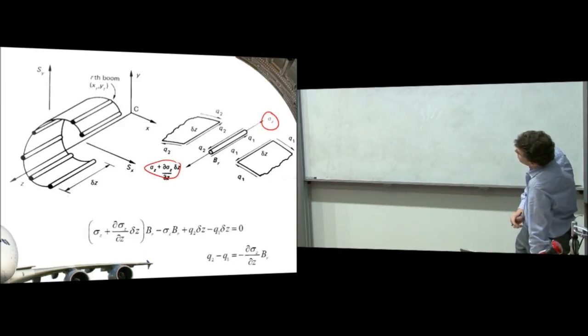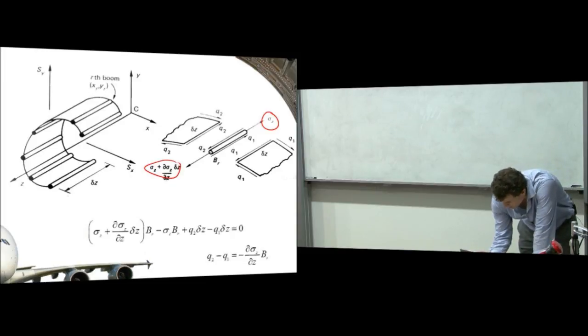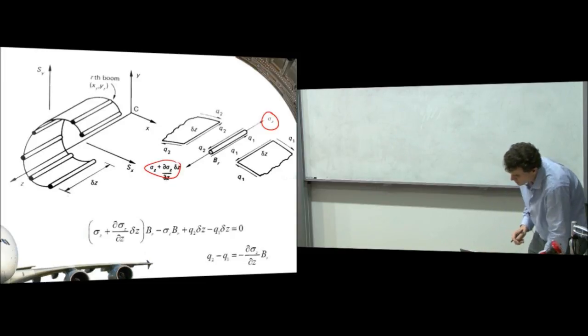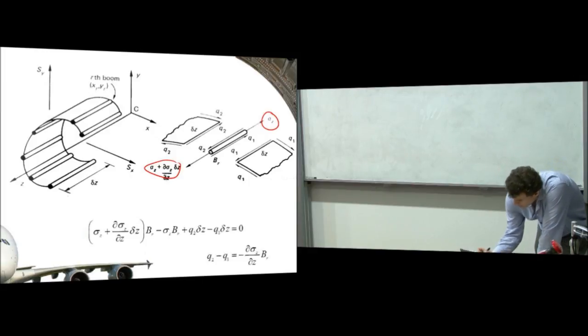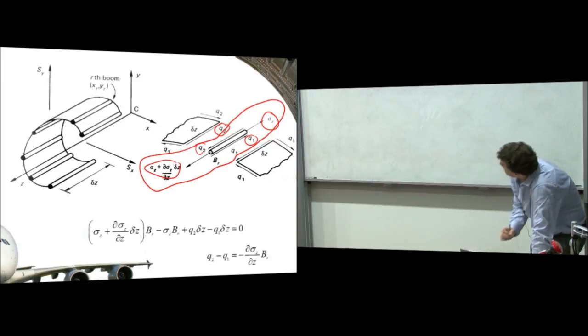Okay, so that sigma z will go to d sigma z dz times the distance that we've travelled. And the forces that will bring about that change are the shear flows acting along the side of the boom. So if we look at the free body diagram for the boom itself, which is just this bit, there's forces acting on each end and then there's forces acting on the sides due to the shear flows.